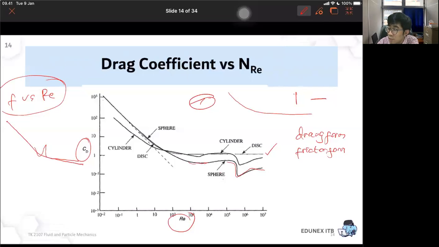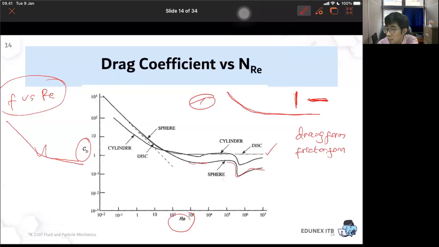For example, you have this kind of shape or this kind of shape. There will be a constant influence of the drag form and friction form, so the line will be just straight like this one. At higher Reynolds number, the drag coefficient will be constant.